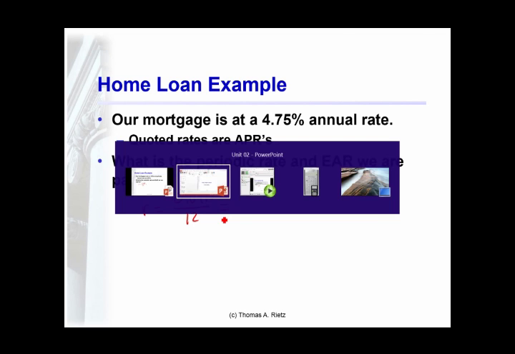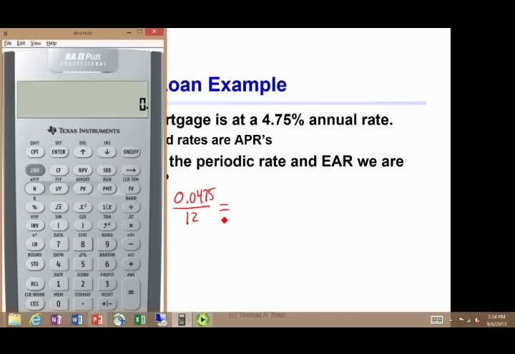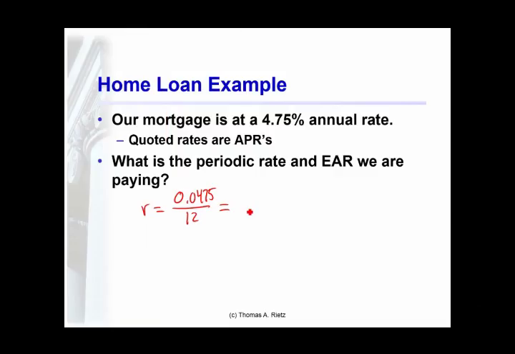Let me do that on the calculator. That's 0.3958%. Now this is the critical rate. This is the rate that you use in the annuity formula to figure the payments.